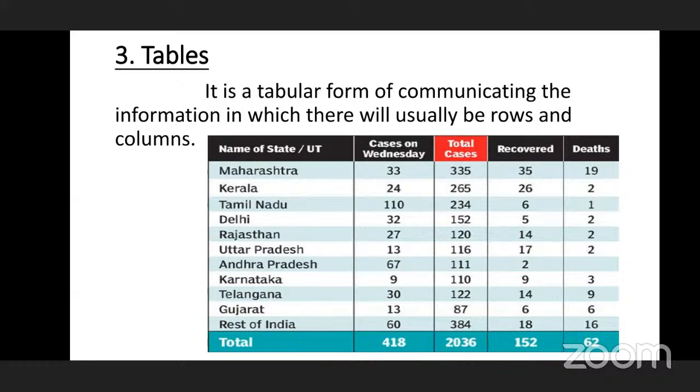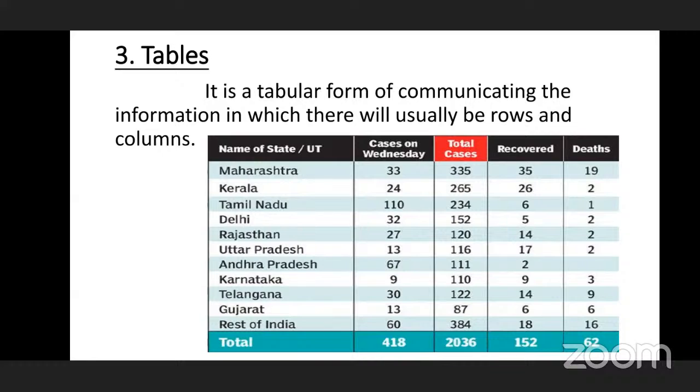The first column talks about the name of the state or UT. You can see all the names of the states. There could be UTs also. The second column talks about cases on Wednesday. That particular day's cases are shown in this table. The third column talks about total cases, the total number of cases till that day.